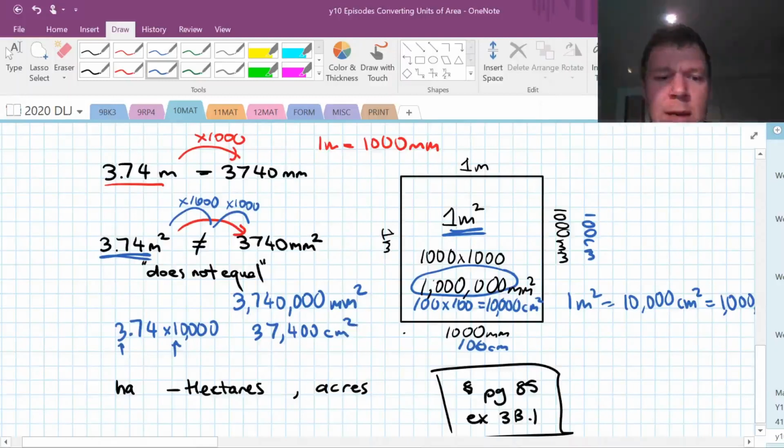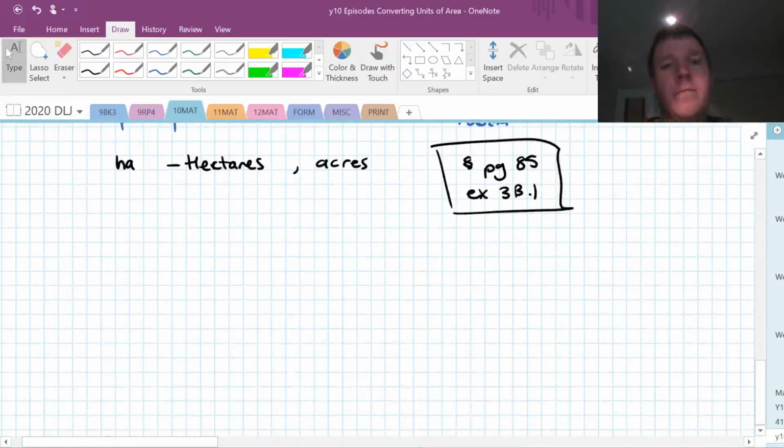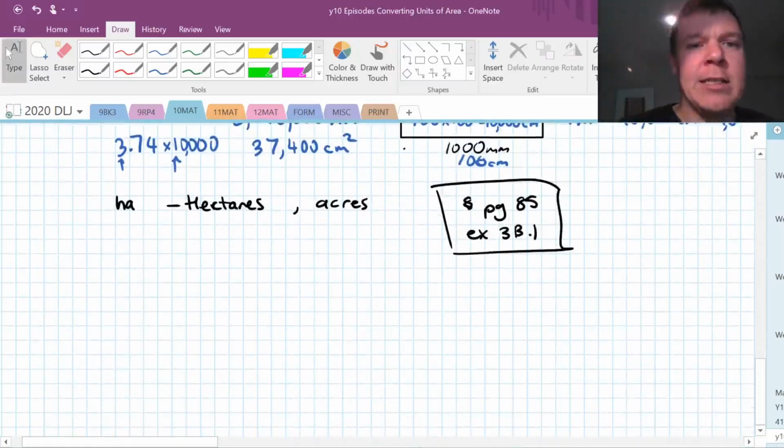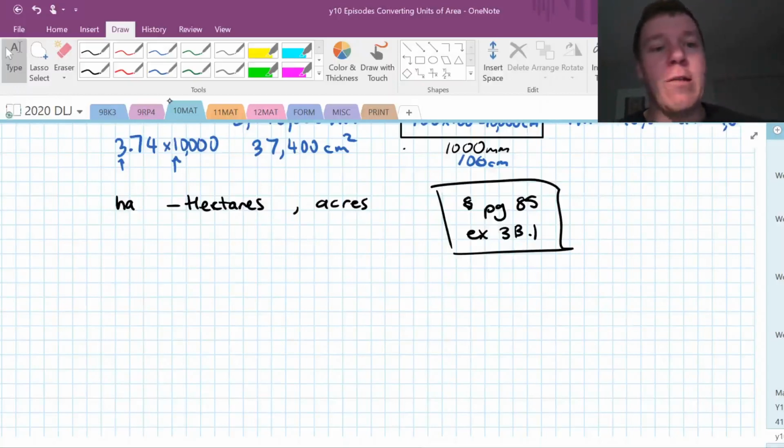Okay, hectares. So hectares is a funny unit that we typically use if we're talking about the land area of a house or the size of a farm.